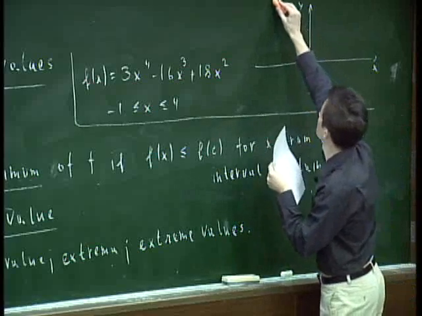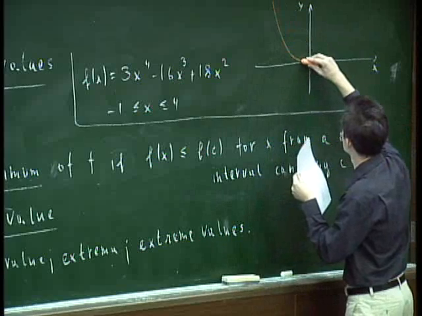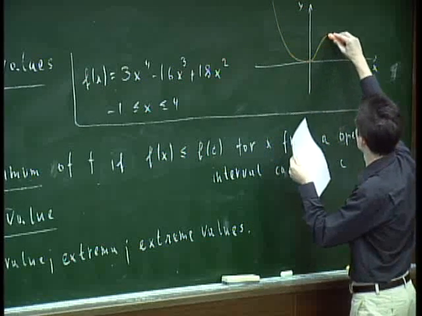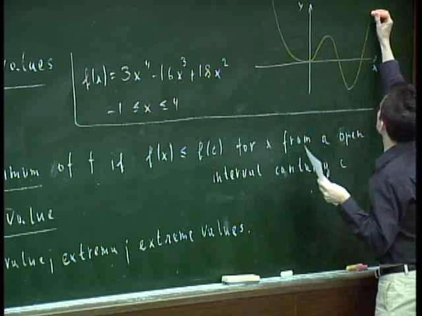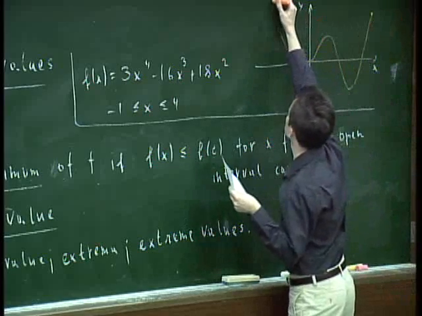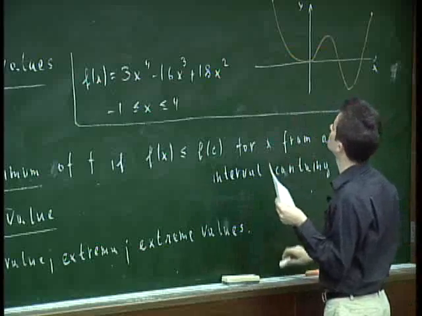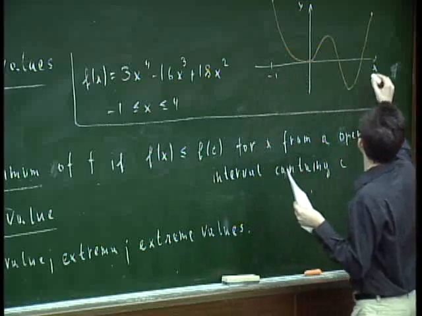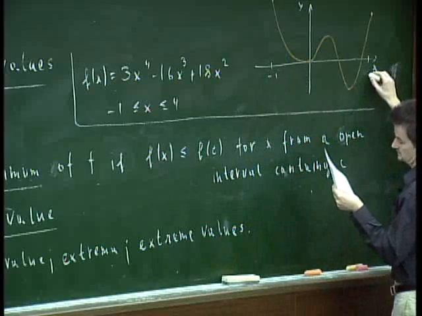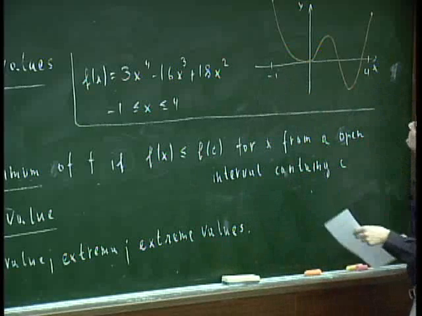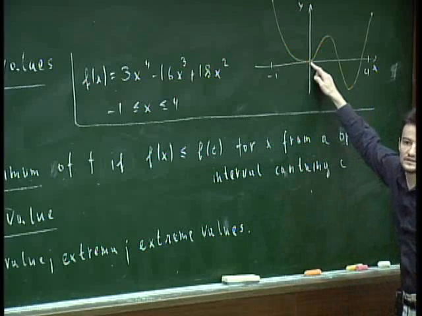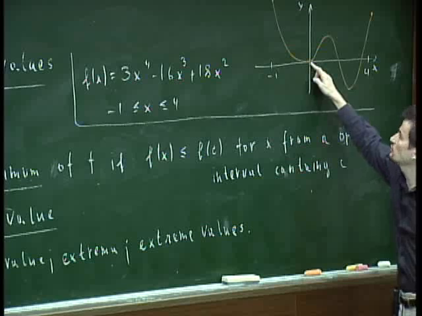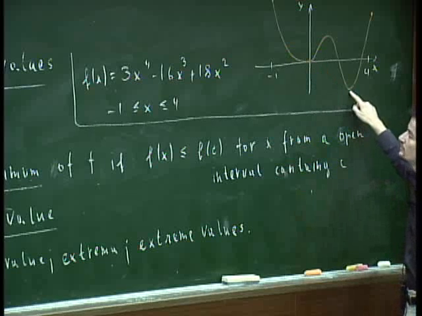So the graph is roughly like this, where those two points are included, because this here is minus 1 and this here is 4. You see that, for instance, at 0, this function has a local minimum, which is not the absolute minimum, because the absolute minimum is here.